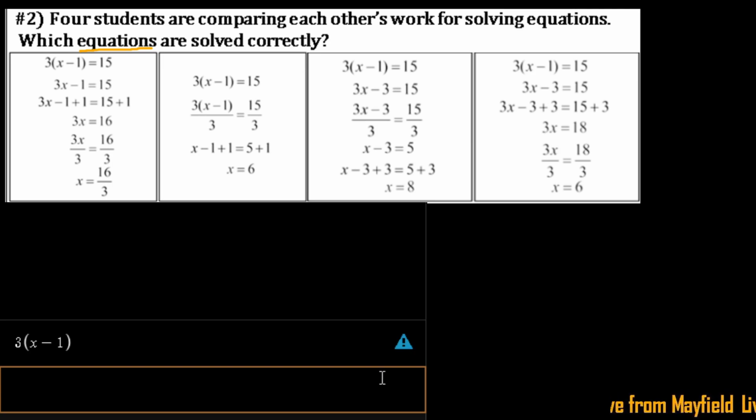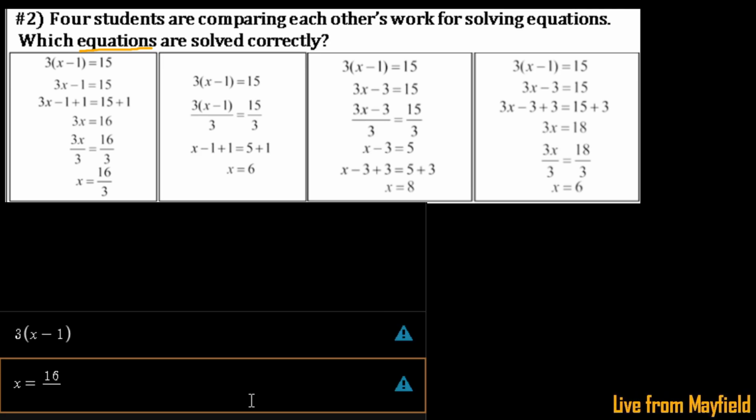And so I can try out these 4 answers to see which ones are correct. So I'd say, does x equal 16 over 3? I get a nice answer of 13. However, that is not the answer I'm looking for. So again, this is one way of checking to see if this works. So I can mark that one off.